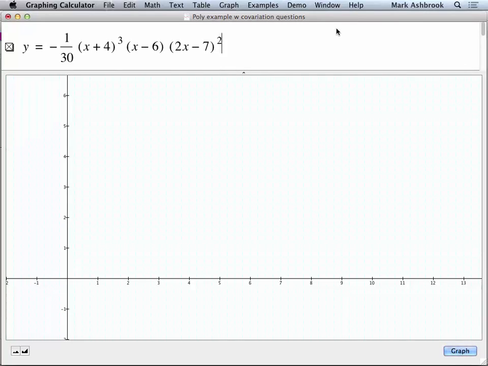And this is the order you have to approach this. Okay, end behavior. Y-intercept. Zeros or x-intercepts. Root behavior.